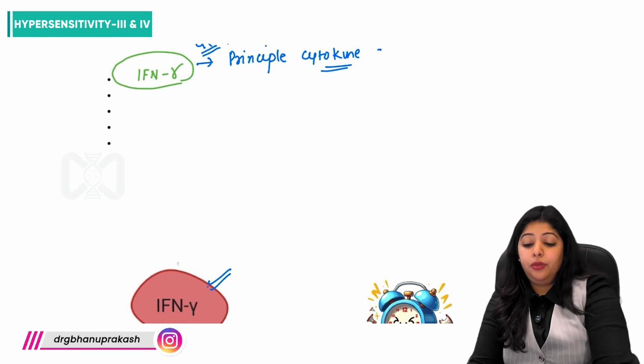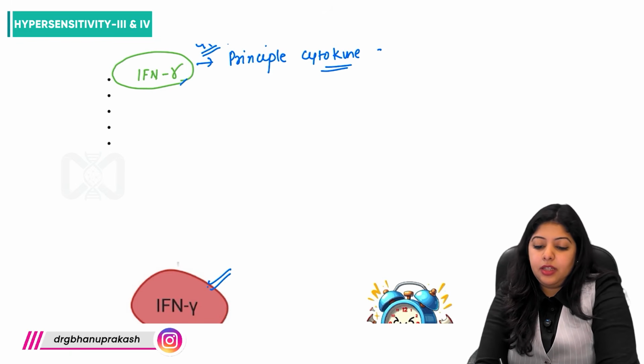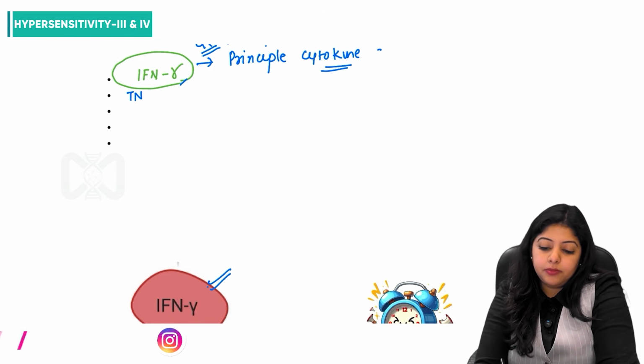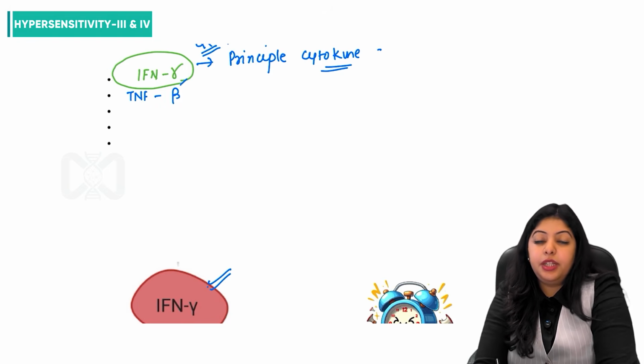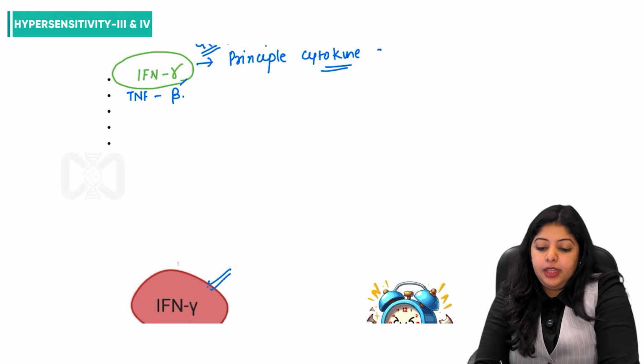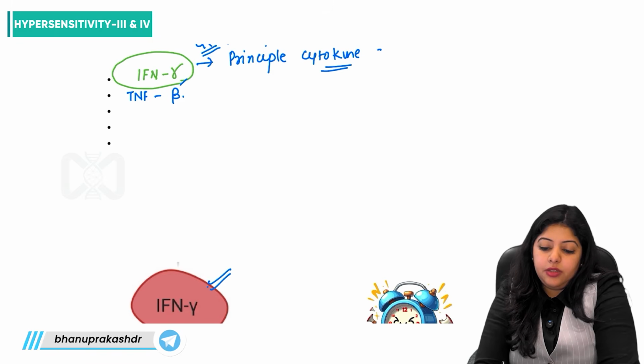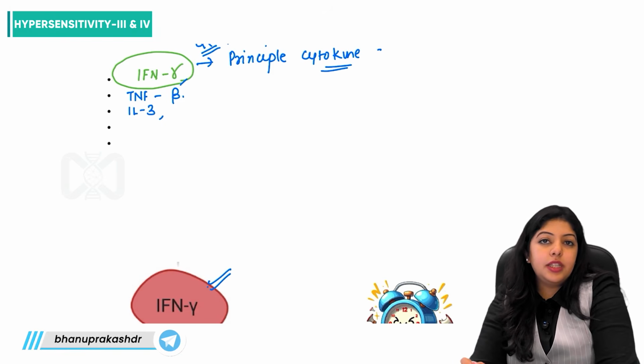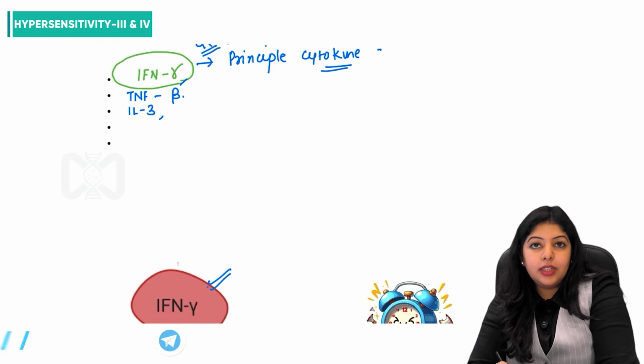And the other cytokines which are getting released are TNF beta, right? Then there is the release of interleukin 3. Interleukin 2 has already been released in the sensitization phase, right? Interleukin 3 is getting released.